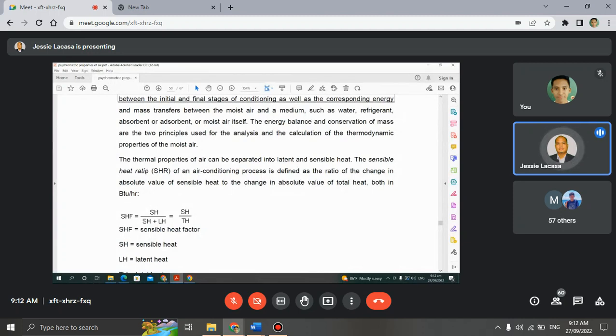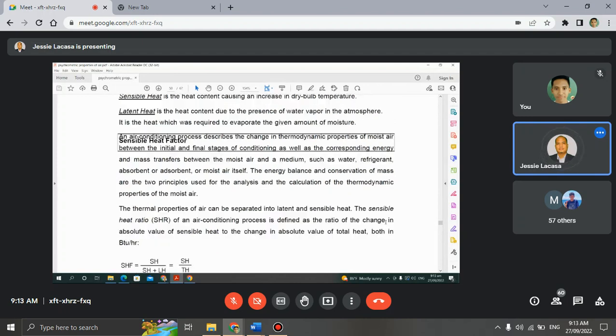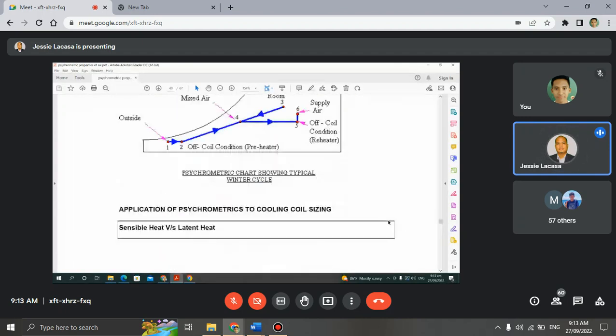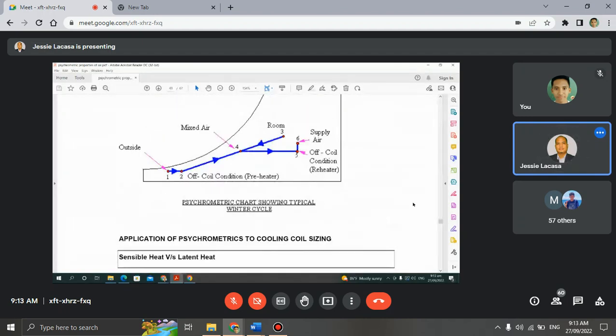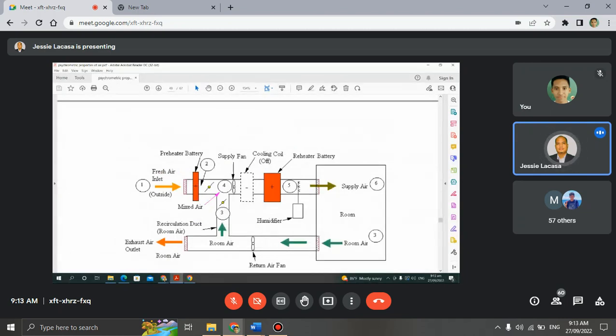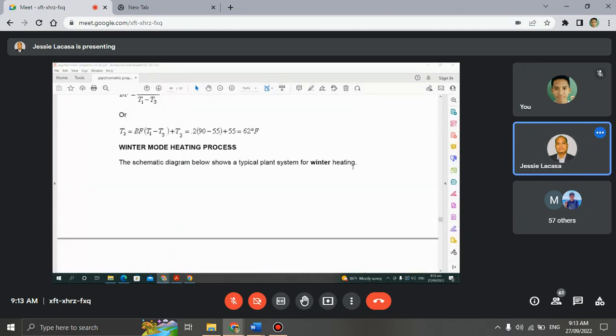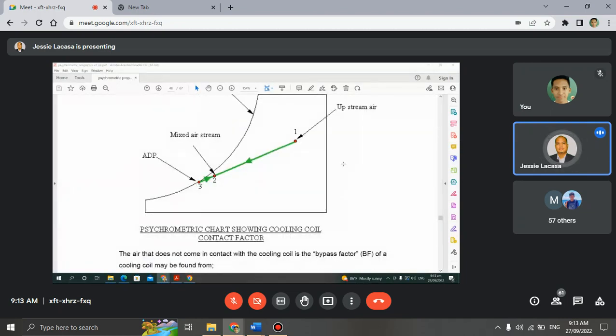The sensible heat ratio, SHR, of an air conditioning process is defined as the ratio of the change in absolute value of sensible heat to the change in absolute value of the total heat. So we can look at the sensible heat ratio, for example, in this figure, the graph.